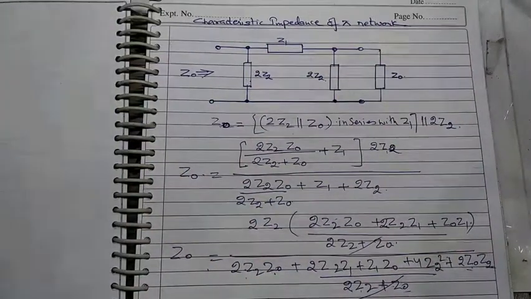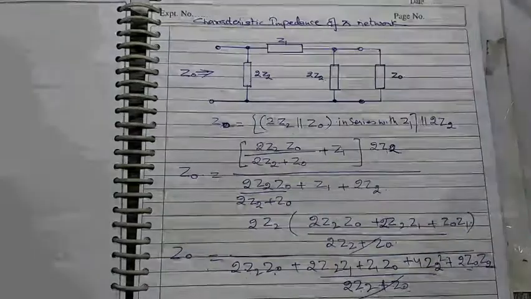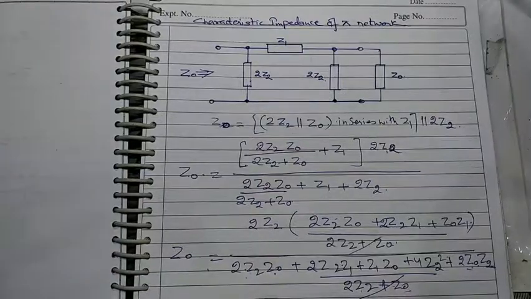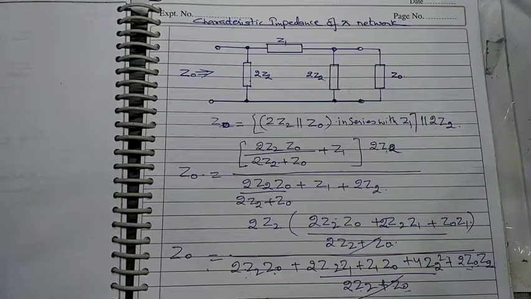So this becomes 4Z2 ZO, since 2 plus 2 becomes 4. So 4Z2 ZO plus 2Z2 Z1 plus Z1 ZO plus 4Z2 square equal to ZO.